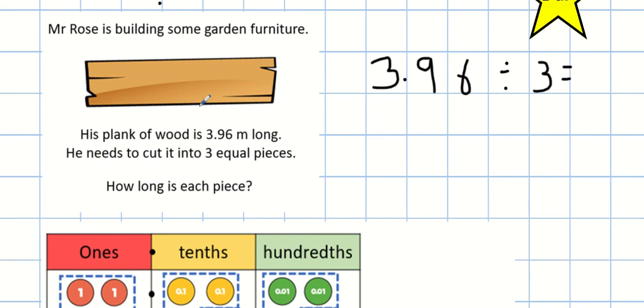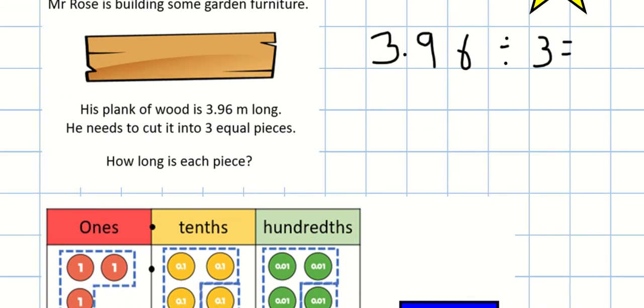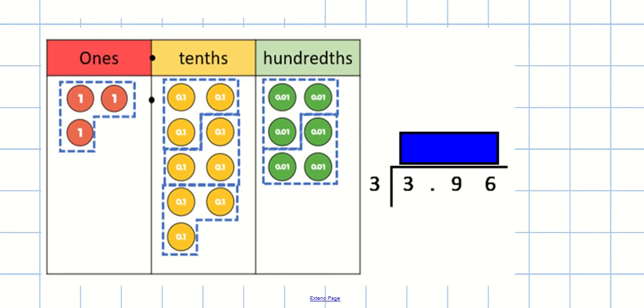So that's going to be my sum there: 3.96 divided by 3. Then, if I'm looking on my place value chart, I've represented my 3.96 here. And I'm going to be splitting each section into groups of 3, so I'll write the number at the top. How many groups of 3 are in the ones column? Well, I know that 3 ones go into 1 group of 3.